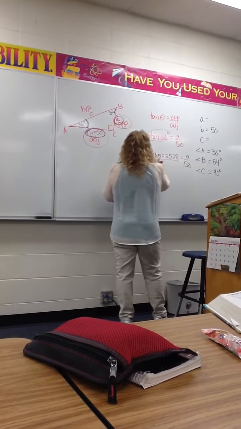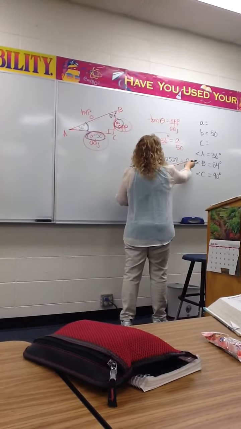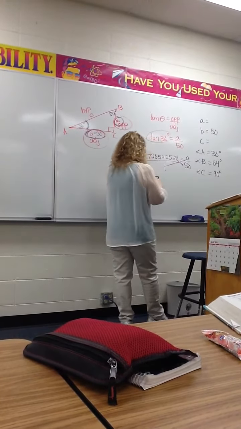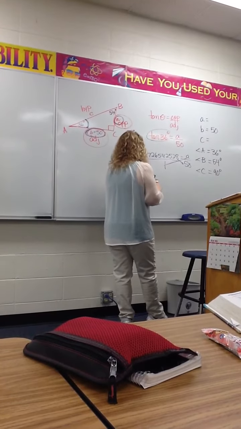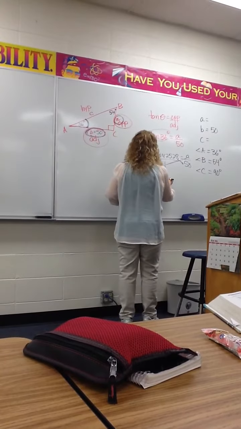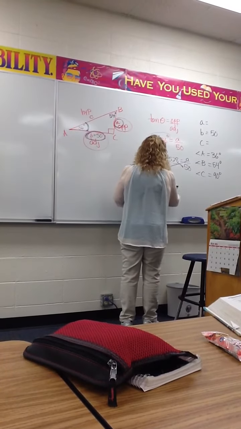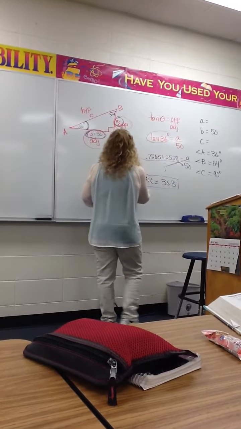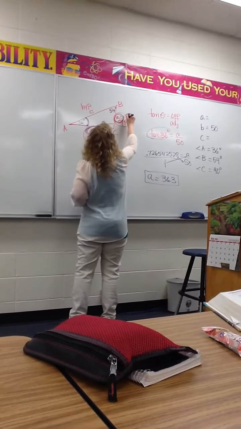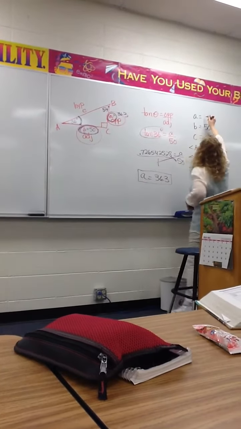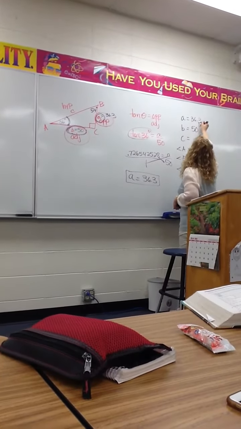Then I would put this over 1, multiply this way, so times 50. I believe the book says round to the nearest tenth, so A is 36.3. Side A right here is 36.3.